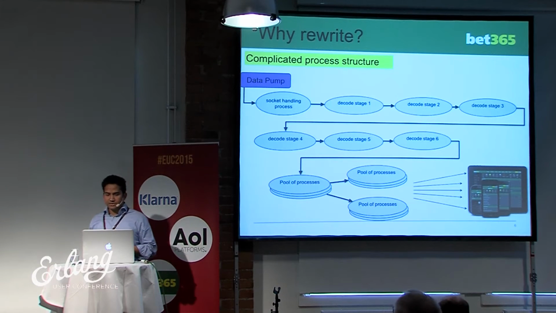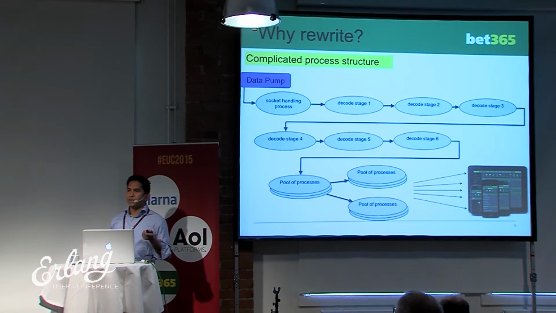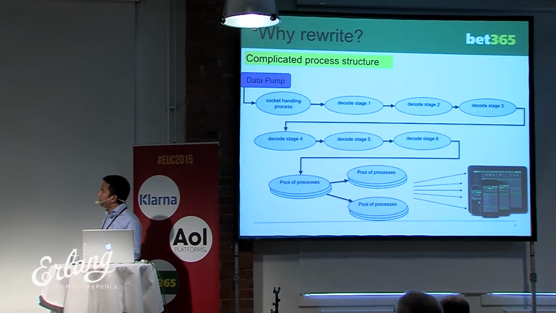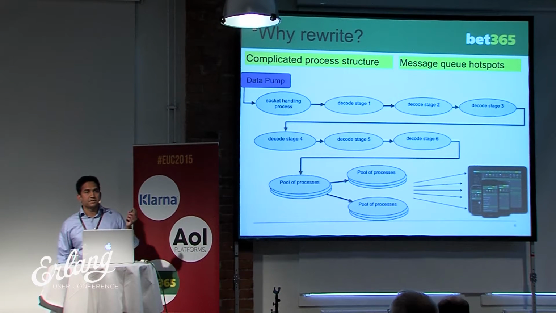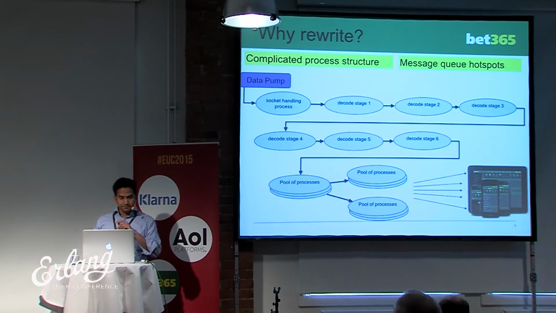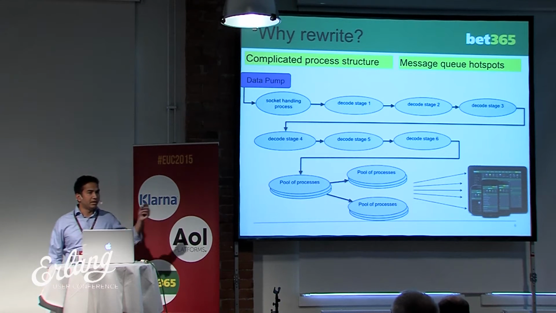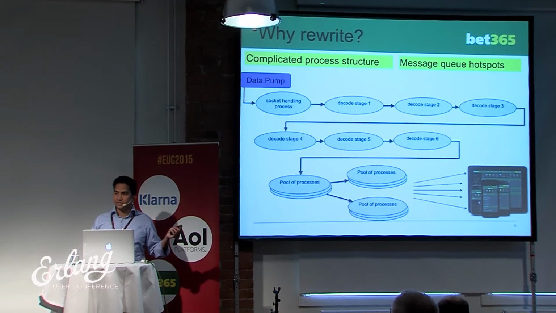But the biggest problem was that it's a complicated process structure, so every time you wanted to make a change, it got harder. And there were message queue hotspots, because between each of these processes we were using Erlang message passing. If any one of the decode stages slows down and the previous one is slightly faster, you get these message hotspots.